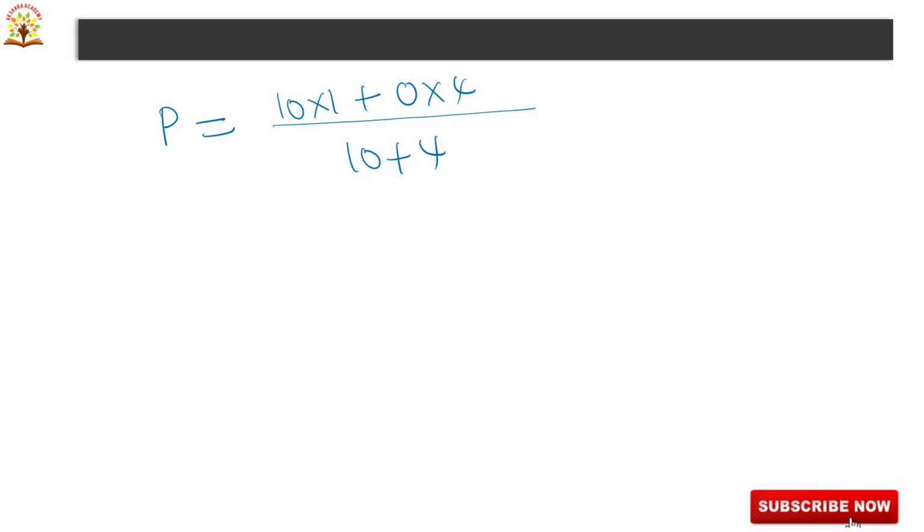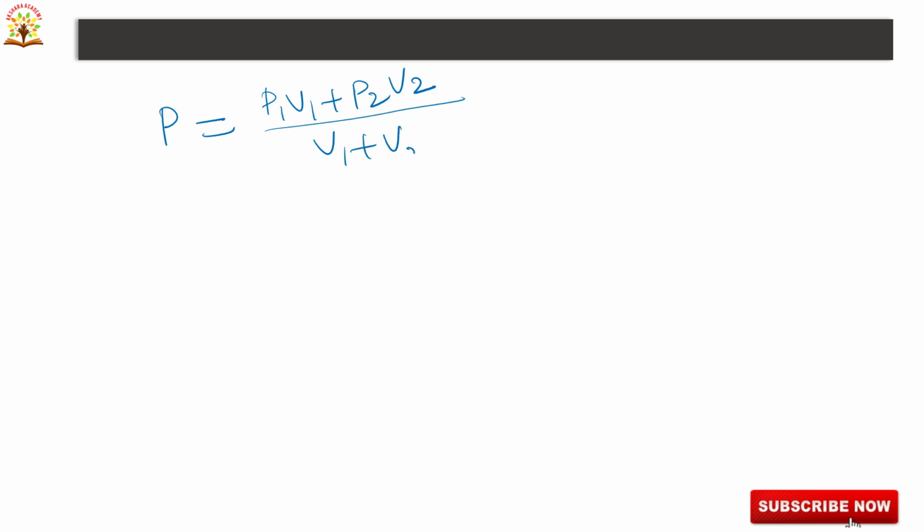Here P is equal to P1 V1 plus P2 V2 by V, V nothing but V1 plus V2. So P is equal to P1 V1 by V1 plus V2, plus P2 V2 by V1 plus V2.